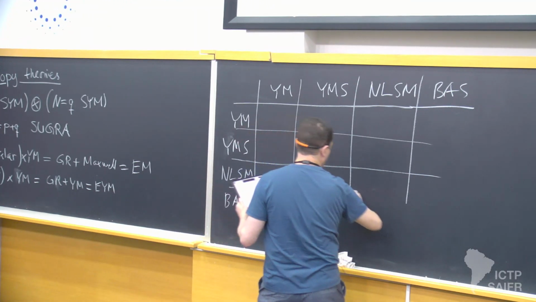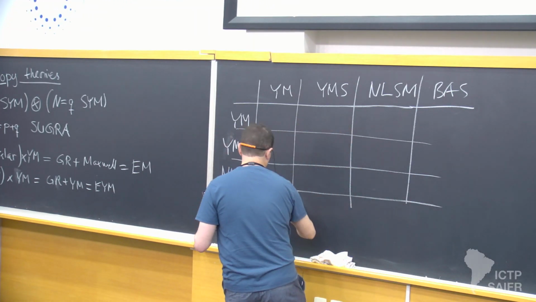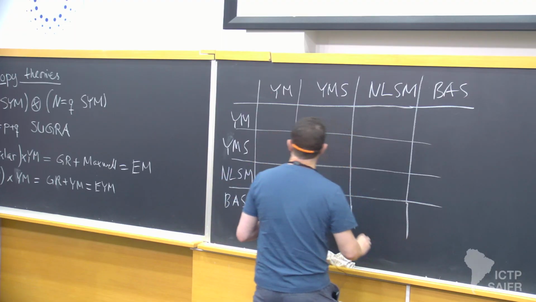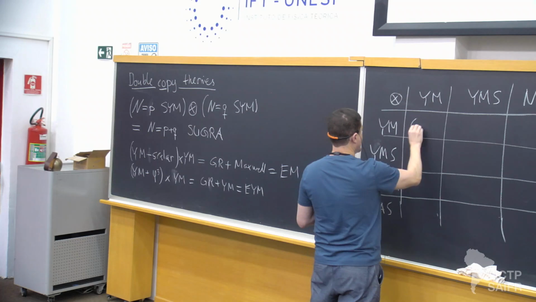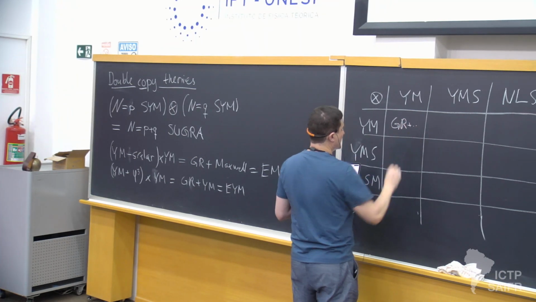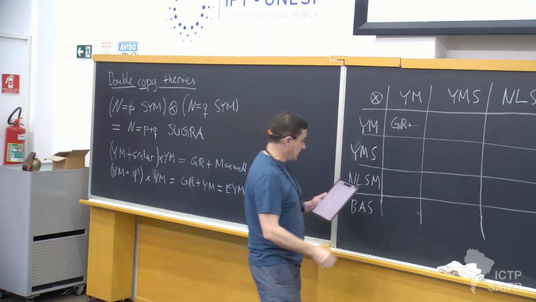Okay, so then we can start filling out the entries here. What do you get when you double copy this series? As we already said, this is GR plus maybe some extra fields, some extra matter.